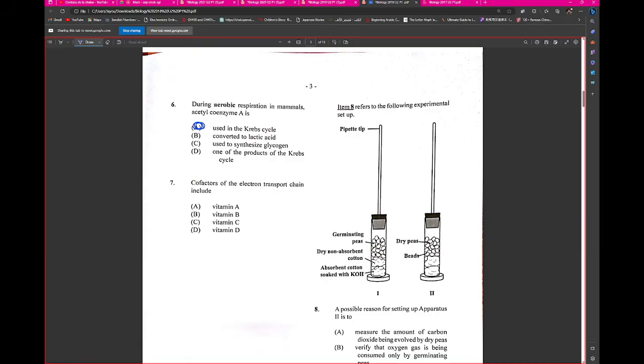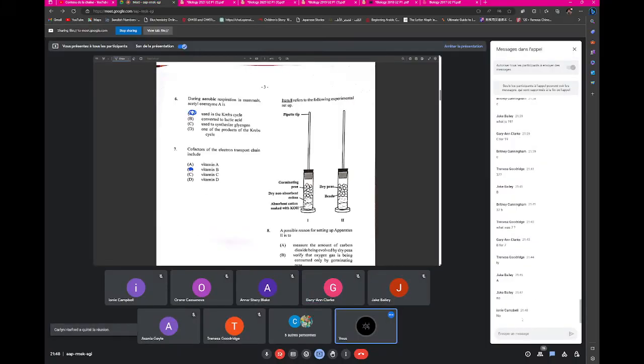This is bringing back war flashbacks, from CAPE Foods and stuff like that, because I had to memorize the names of all the different vitamins. Pantothenic acid, I'm like, this is not B4, so it must be B5. We're saying vitamin B for this one. Does everybody agree with B? Let me check the chat to make sure.